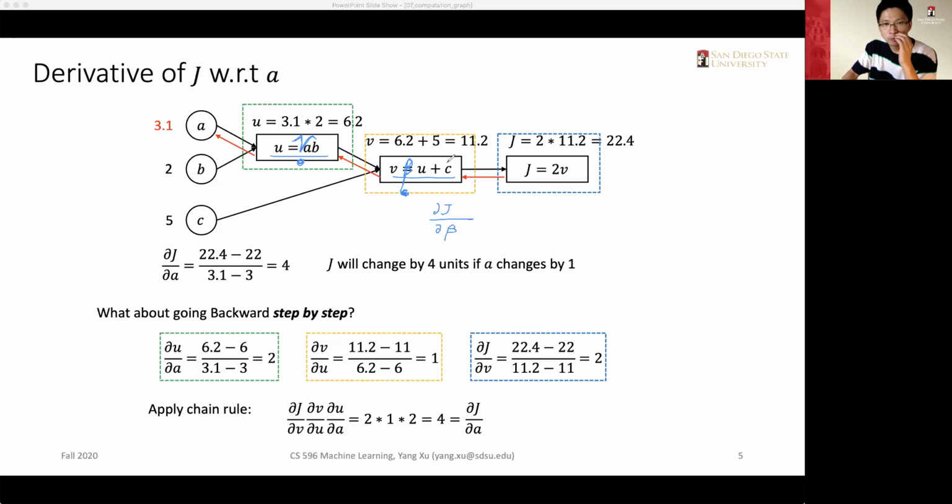That means we will need to use the derivatives in the future node so that we can know the derivatives of the current node, and these derivatives can be passed along in a backward style, because in each step we may have different variables that we want to compute the derivatives with respect to.